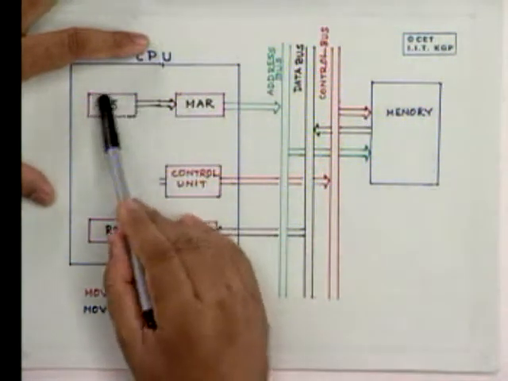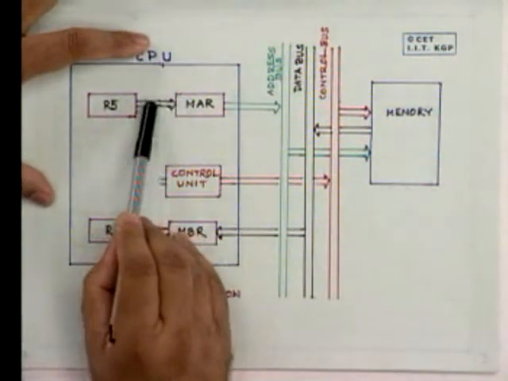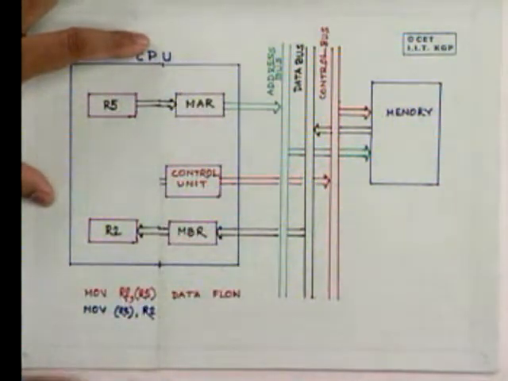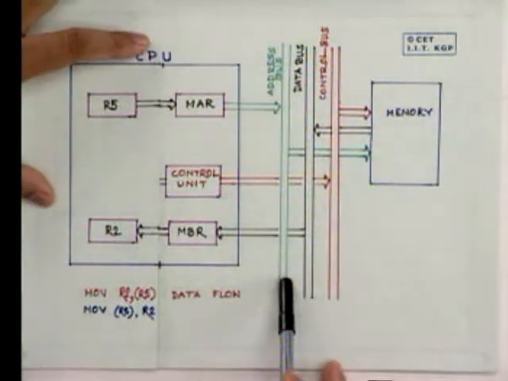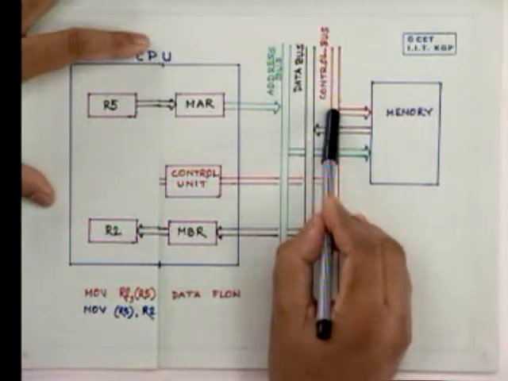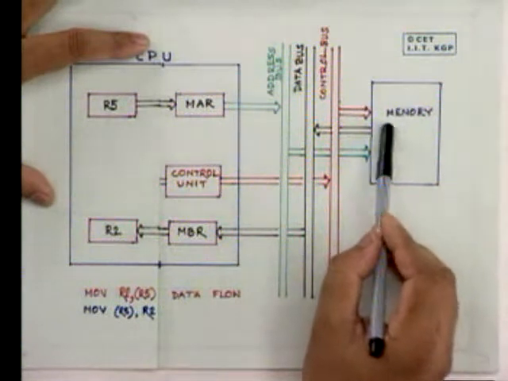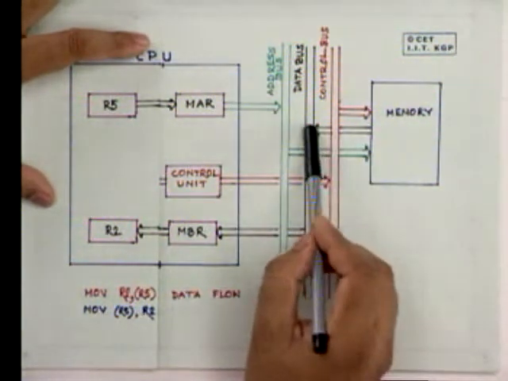The content of R5 has to be switched into the memory address register. Then the content of the memory address register should come onto the address bus. There should be a request for read to the memory once more. The data at the location given by the address bus will be thrown into the data bus.